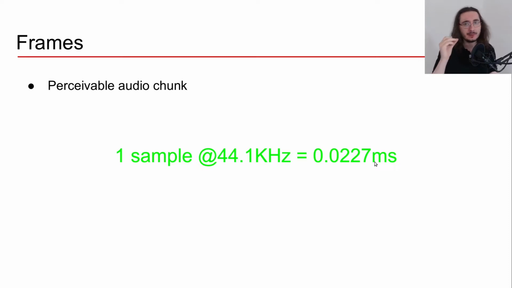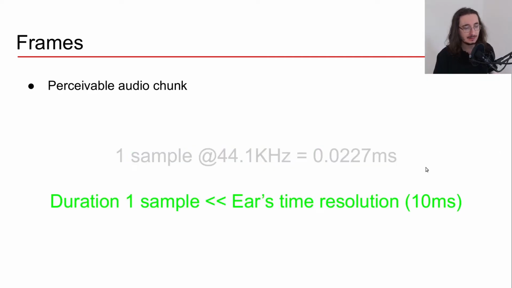This is a very, very short amount of time. Now, if you're wondering how I got this number, well, that is just the inverse of the sampling rate. So it's 1 divided by, in this case, 44,100, right?